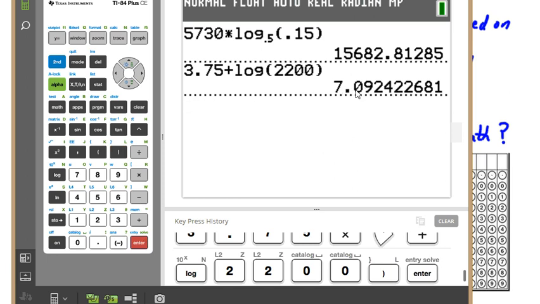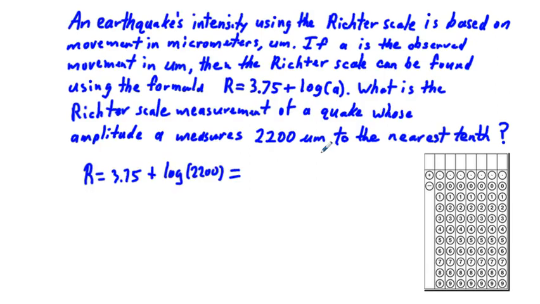The nearest tenth would be 7.1. So 7.1 is going to be our answer, and we can enter it like this, 7.1. So pretty straightforward when you get that problem.